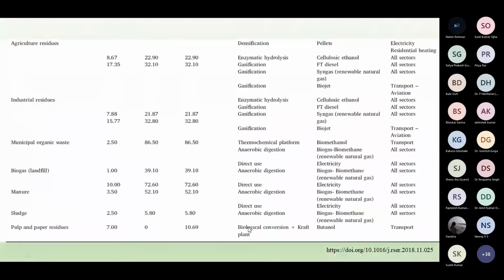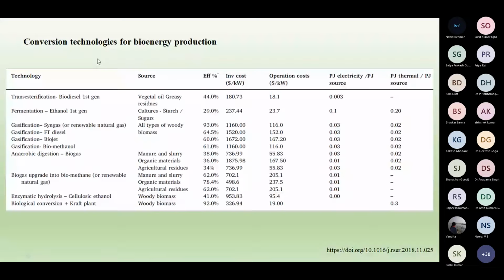It is being compared different available feedstock, as shown in the table. And finally, how much energy they obtained and how much energy they consumed at various levels.